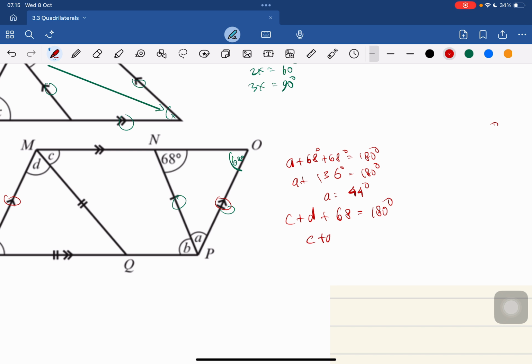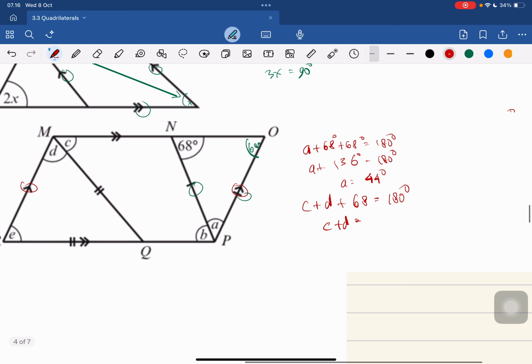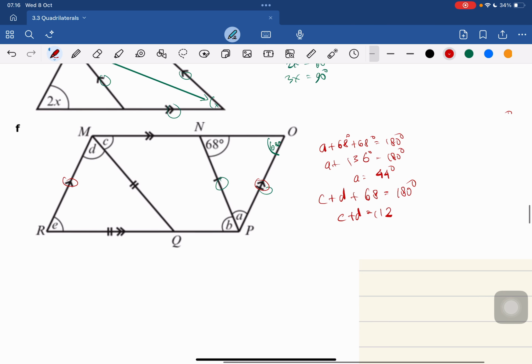So C plus D is 180 minus 68, which will give us the answer of 112. Is it? Let's check it. 10 minus 8 is 2, so it's going to be 7. Okay, 112. C plus D.